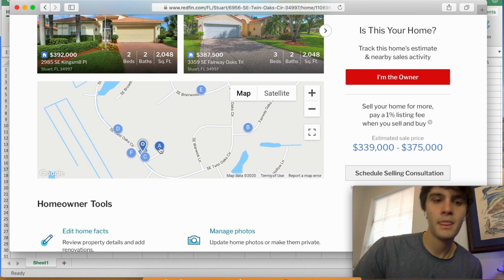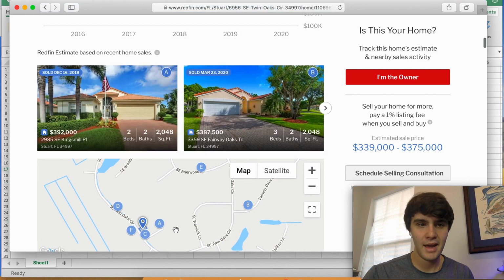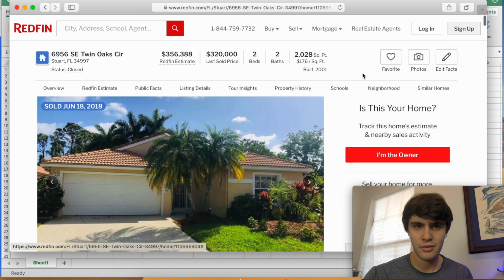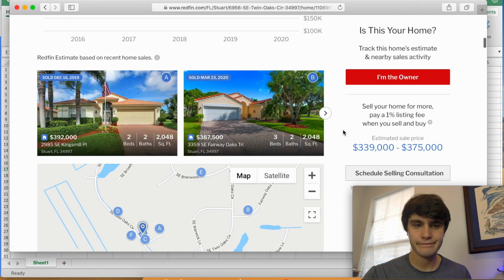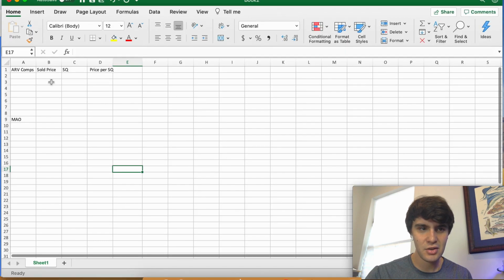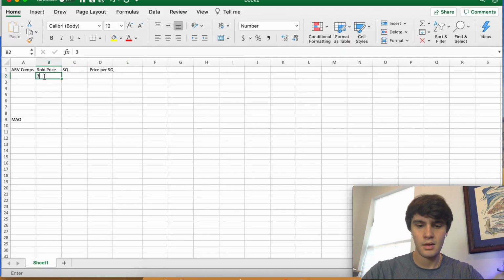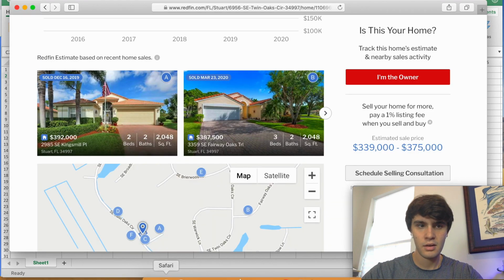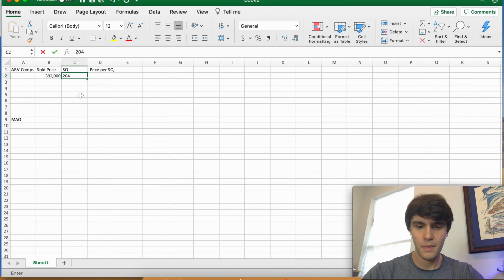So this one right here, A. So this was this 2048. All right, a little more, but whatever. So Kings Mill, which is extremely similar right there, if you can see that one. So we're going to write this one down, 392,000 for 2,048 square feet.